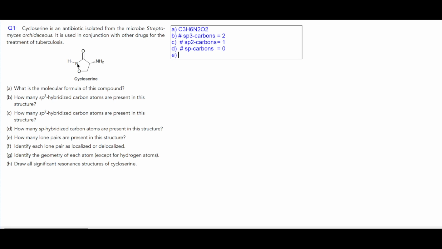Nitrogen, on the other hand, if it is forming 3 bonds, it could be pi bonds, it could be sigma bonds, single bonds, it doesn't matter. If it is forming 3 bonds, that means it will have 1 lone pair, because nitrogen, being from the 5th group in the periodic table, has 5 valence electrons.